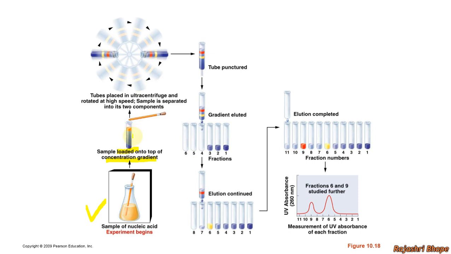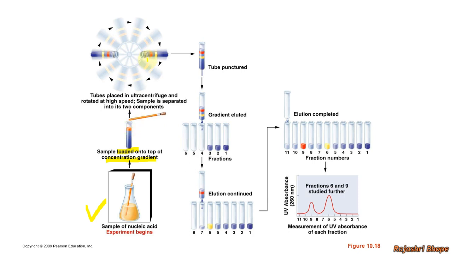This blue solution you can see has highest density at the bottom, decreasing towards the top side, and at the top side density is lowest. So on this density gradient, solution of the DNA, or the sample to be separated according to density, is loaded over the top of this density gradient.